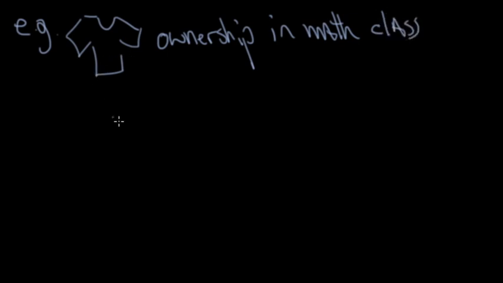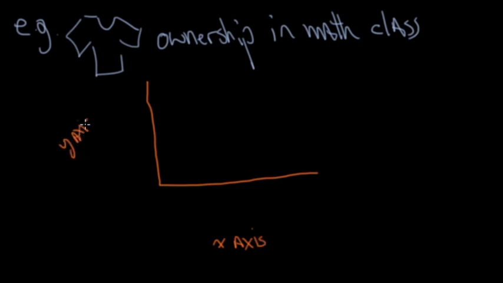So we're going to make our little chart. Here's our chart. And just so you guys know, this is the x-axis, and over here is the y-axis. And as I said, that is going to be the frequency.